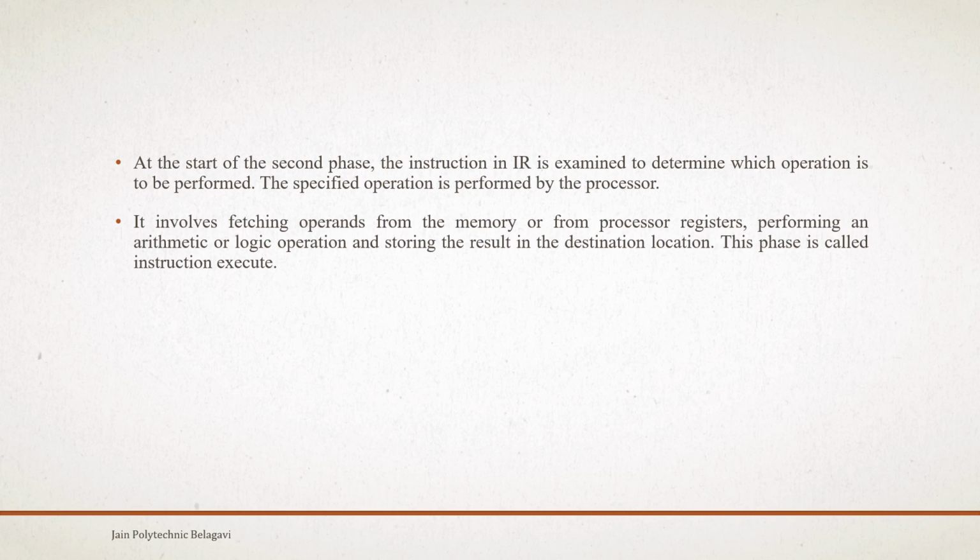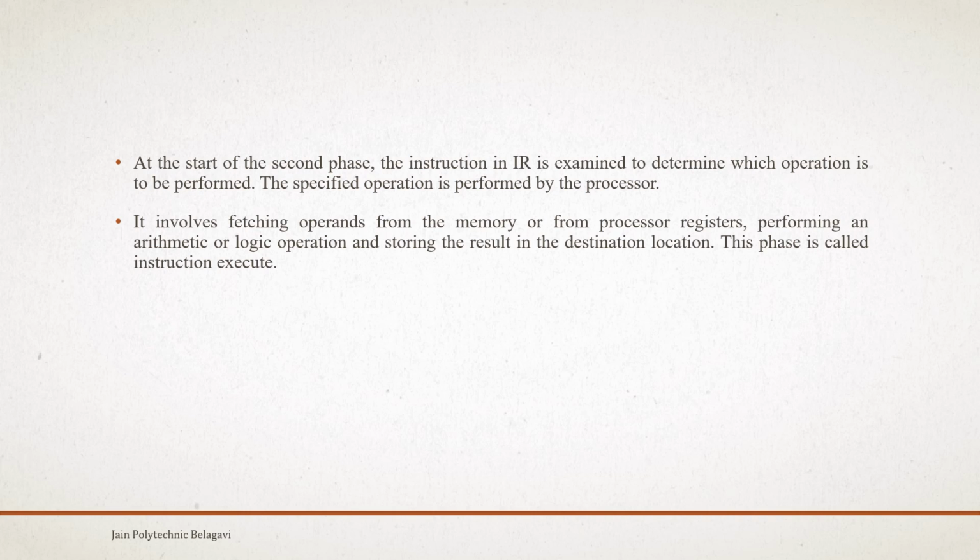Once the instruction is placed in the instruction register, the processor determines whether it requires further processing, like performing arithmetic or logic operations on the registers. When that is done and the result is stored in the destination location, this is the second phase, called instruction execute.